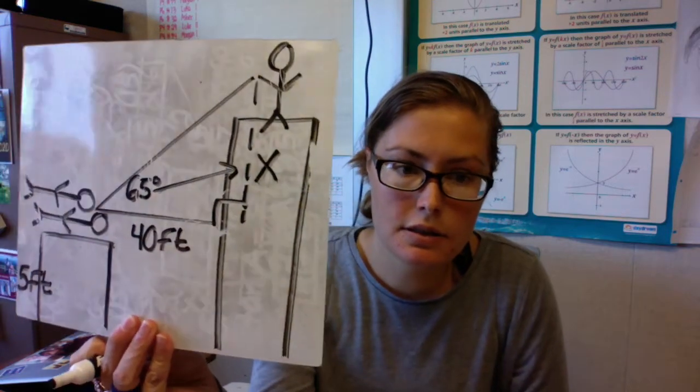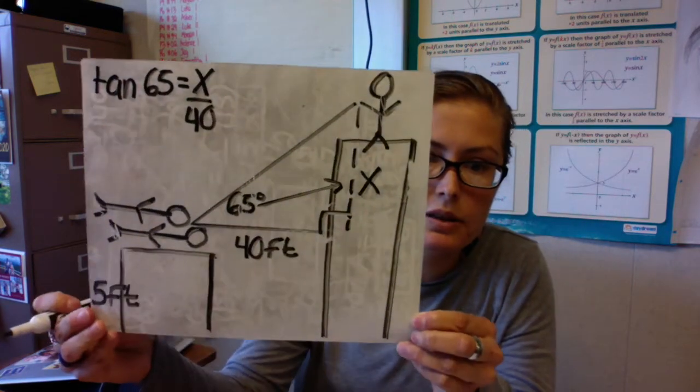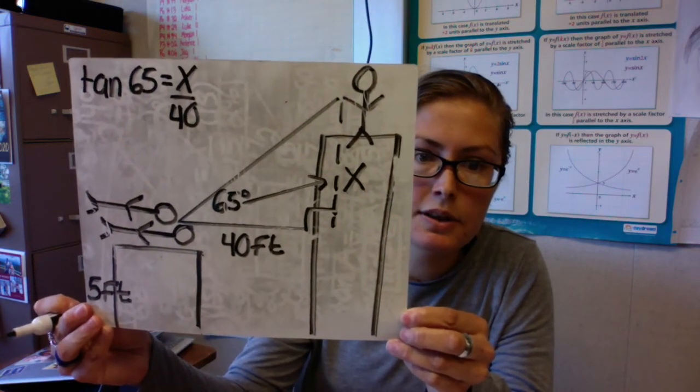So that is our opposite over our adjacent, so we're going to use tangent. We have the tangent of 65 is equal to our opposite, which is x, over our adjacent, which is 40. We're going to multiply both sides by 40.